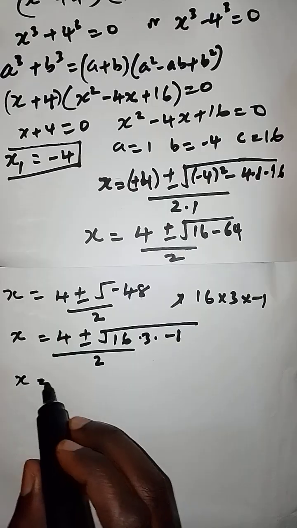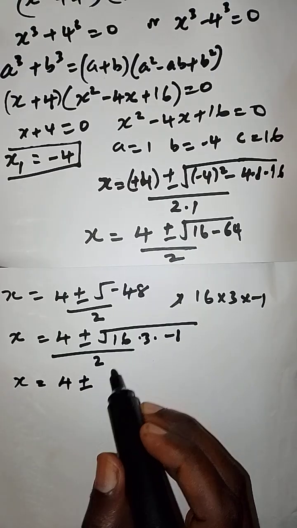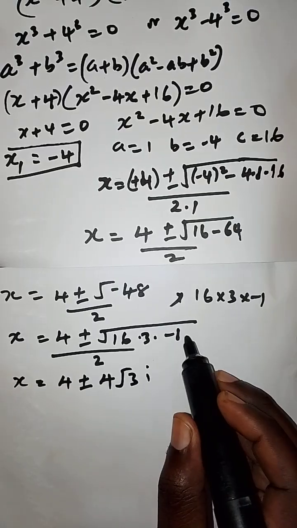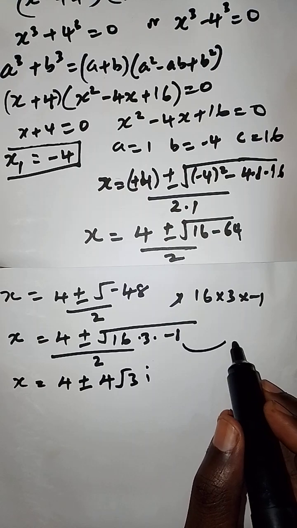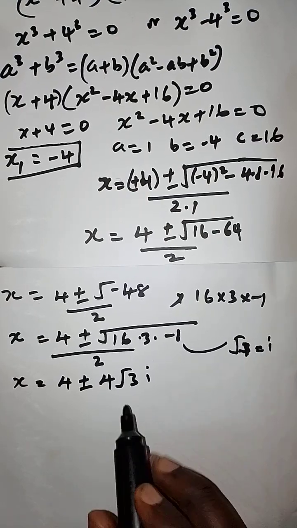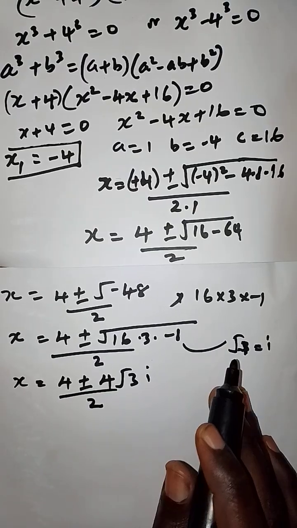So x becomes 4 plus or minus the square root of 16, which is 4, root 3 i, because root 3 times root negative 1 is i, an imaginary or complex number, divided by 2.